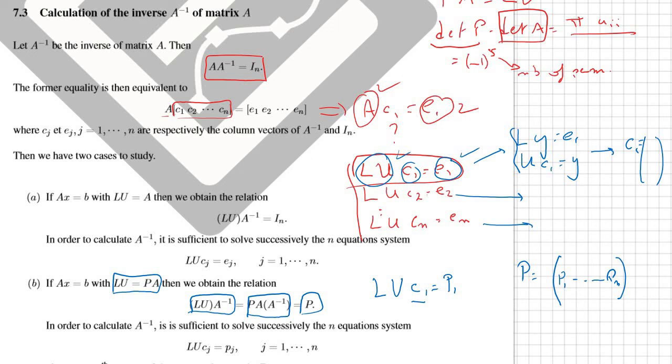And this way we'll calculate C1 and so on, LU Cn is equal to Pn. So we have all these systems to solve in order to find A^-1.